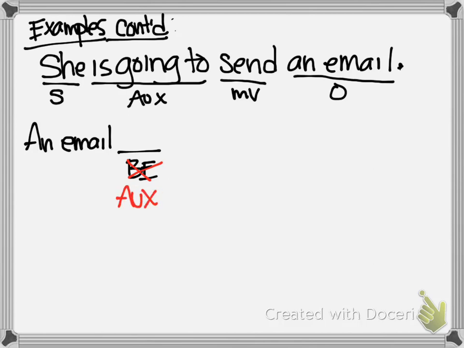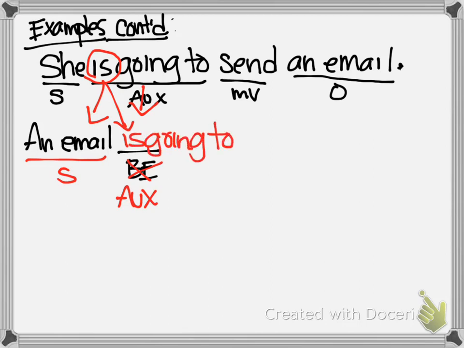Okay, so our auxiliary is going to come straight down and fill this position right here. And we need to make sure our be verb and our auxiliary match our subject. This is singular, so both of them work. So I can put this here. An email is going to. Now I can continue with my regular formula.